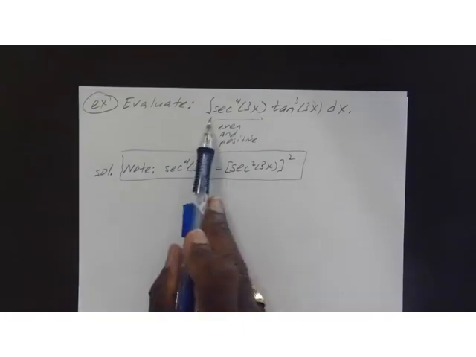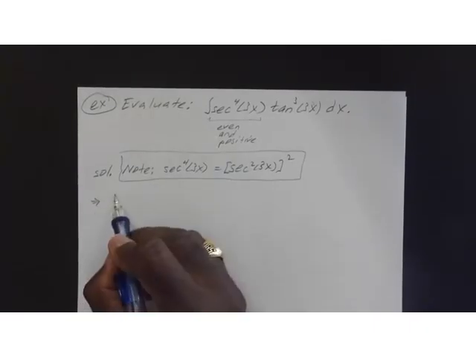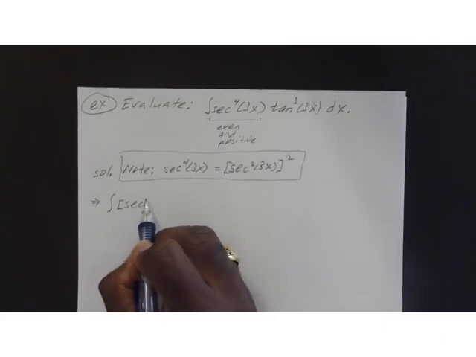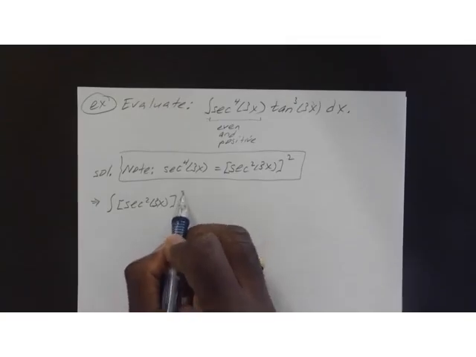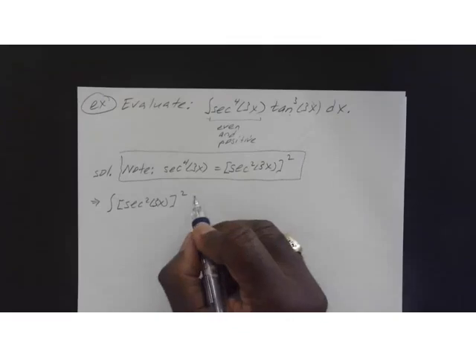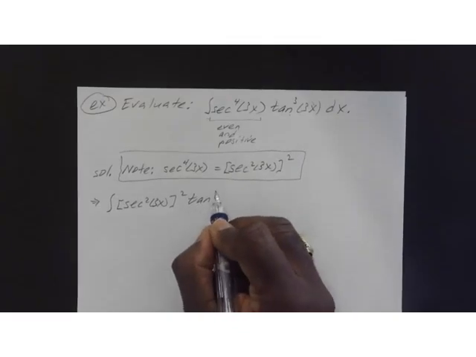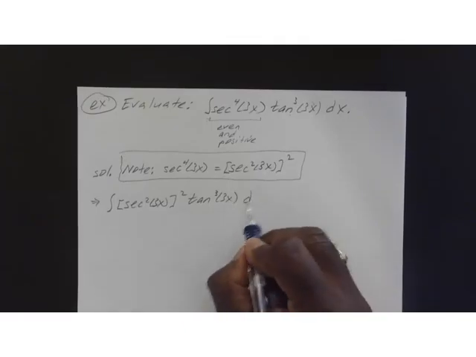All that does is take our original integral and we just rewrite it as secant squared of 3x squared times tangent to the 3rd power of 3x with respect to x.